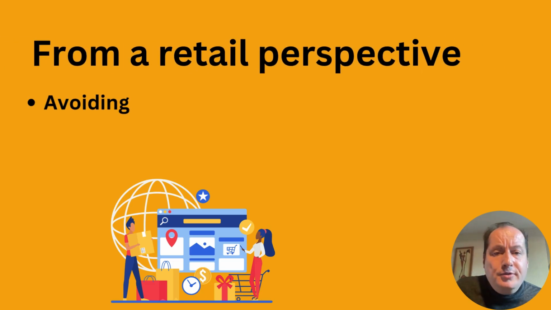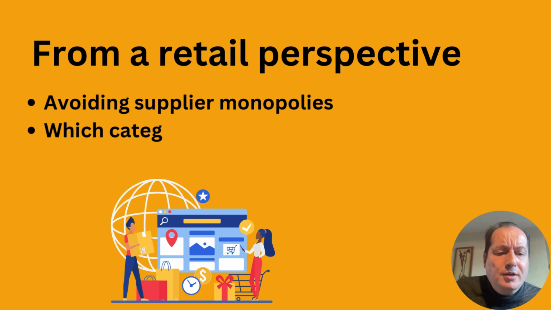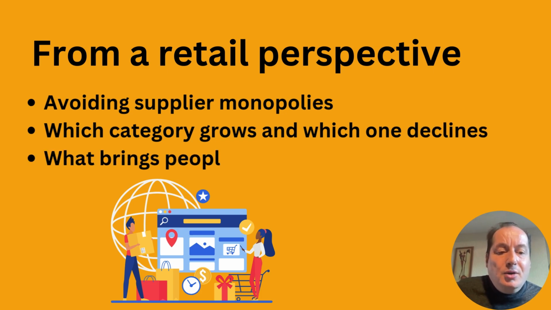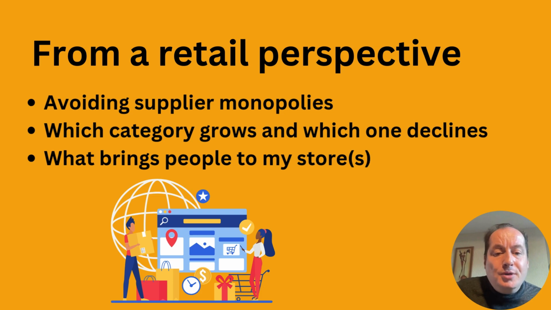So category management from a retail perspective. Retailers, on one hand, have a little bit of a double-edged sword here. On one hand, they're trying to concentrate as many suppliers as possible. So you want to have as few suppliers as possible because of accounting and finance reasons, so administrative reasons. So everything on one invoice basically.